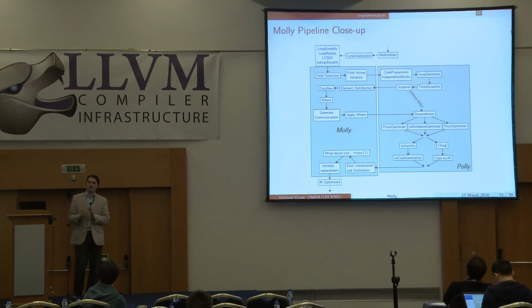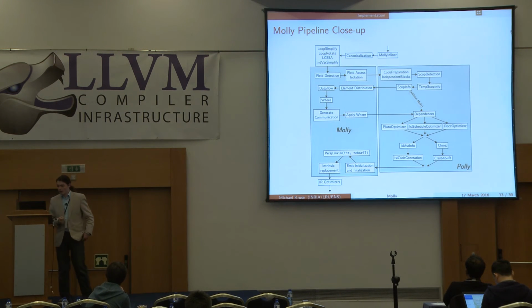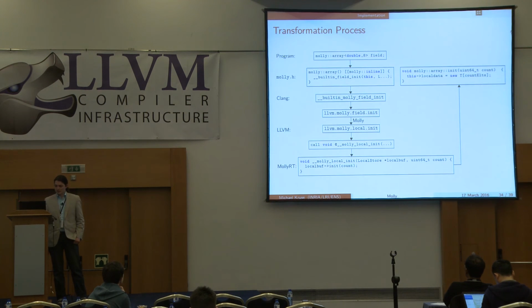So Polly can generate code for the modified scop description, which depends this time on the node it's executed on. Polly will generate the code, we do some wrapping as I described before, and pass the rest to the remaining list of LLVM optimization passes.